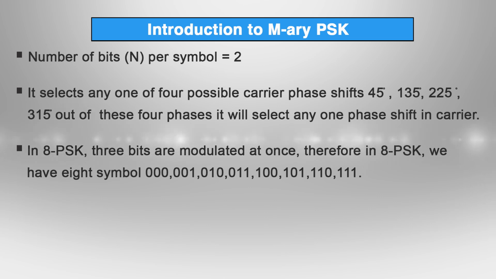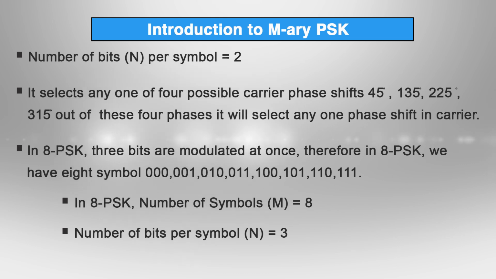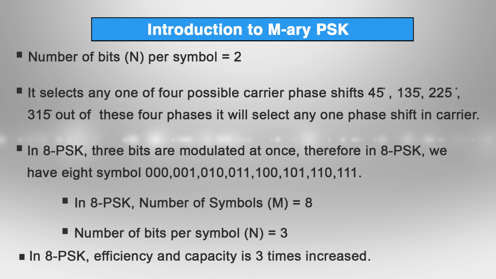Therefore, in 8PSK, we have 8 symbols: 000, 001, 010, 011, 100, 101, 110 and 111. In 8PSK, the number of symbols M is equal to 8, the number of bits per symbol n is equal to 3, and the phase shift between two symbols is 45 degrees. In 8PSK, efficiency and capacity are increased by 3 times.